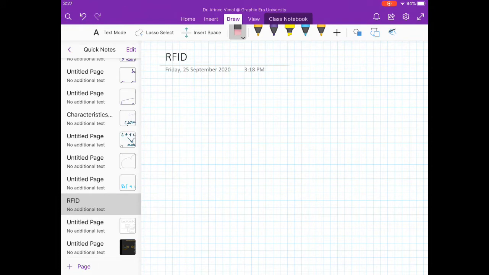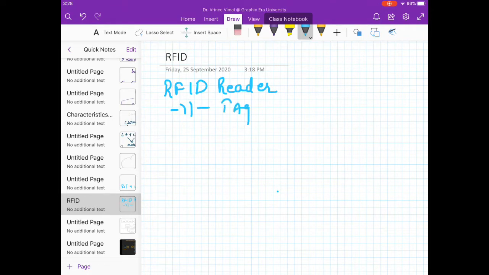In lecture 17, when we talked about RFID, we said that an RFID system consists of an RFID reader and an RFID tag, which is normally used for identification and tracking of objects.